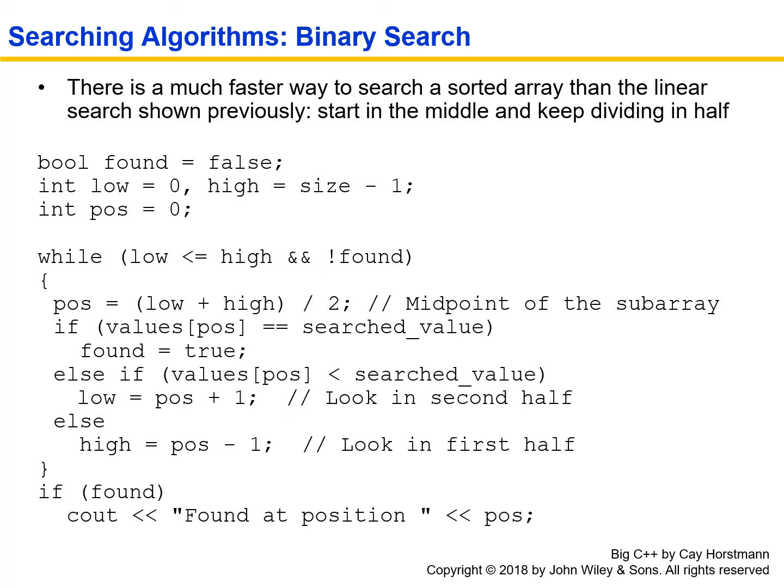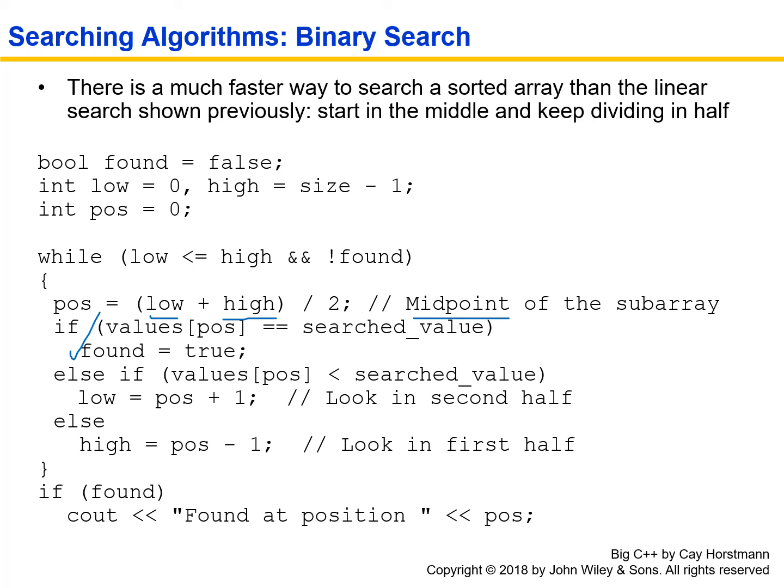One advantage of sorting is that we can then do something called a binary search, where we take the lowest and the highest number that we haven't searched yet, we average those together to get a midpoint, and we check whether that value is the searched value. If it is, great, we're done.